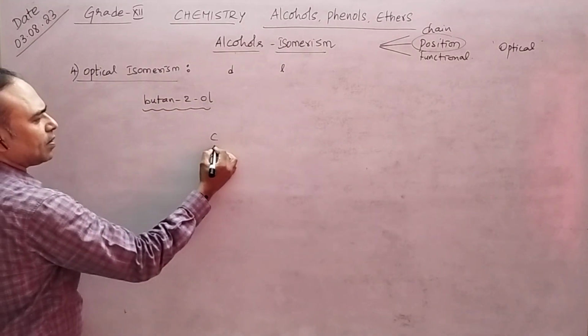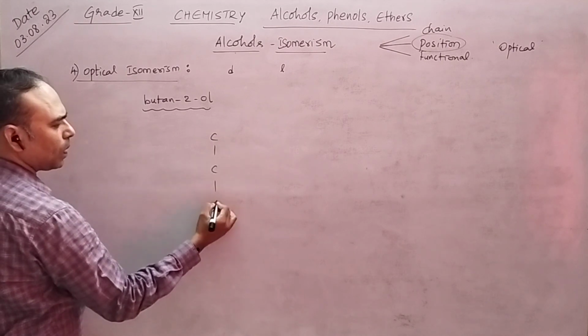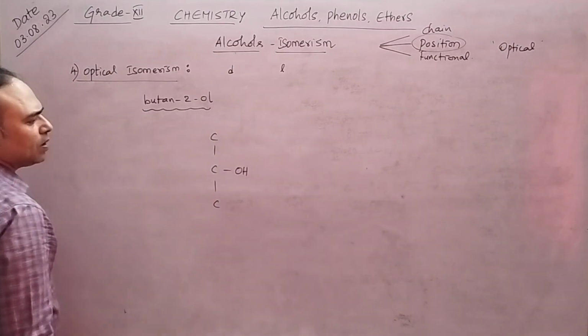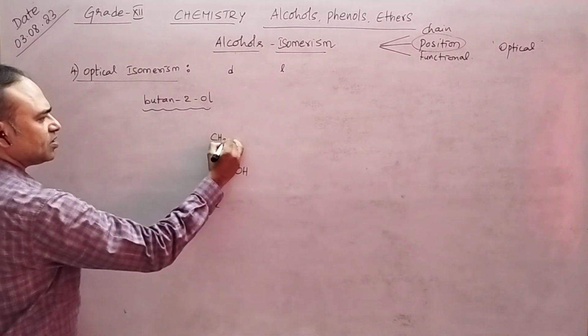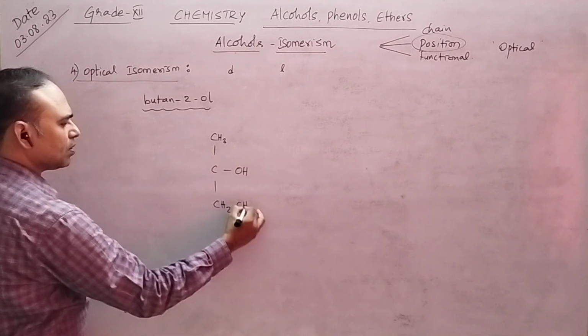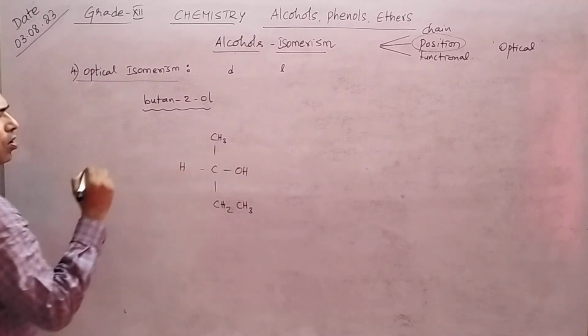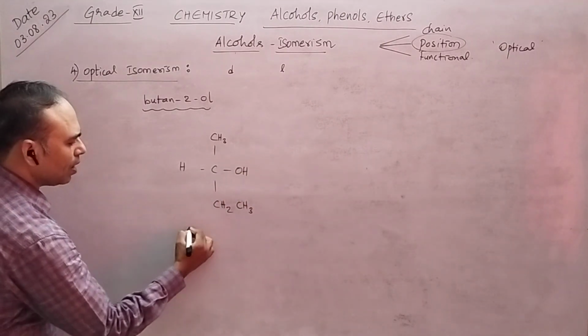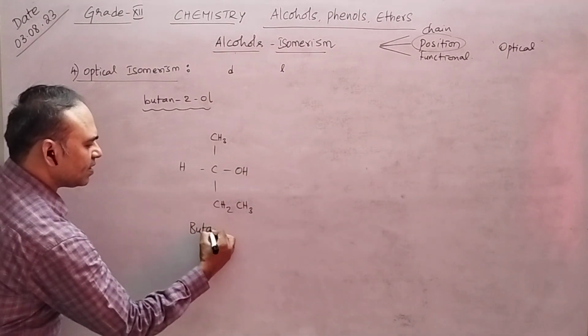So in this we can take alcohol here, and here we can take CH3, and we can write C2H5. Hope you are able to understand this. We have written OH on the right hand side.